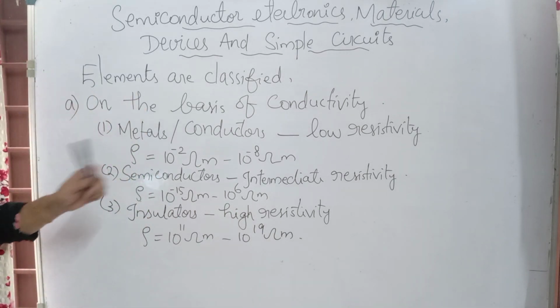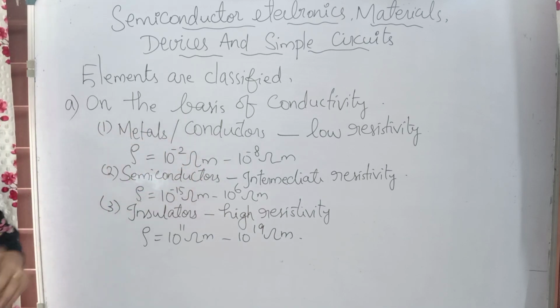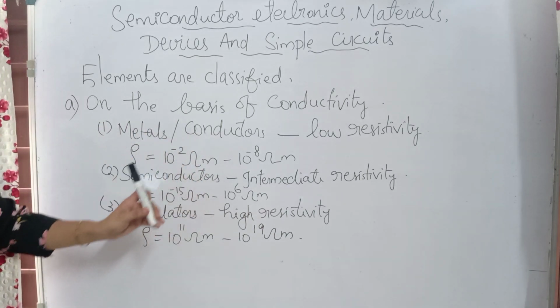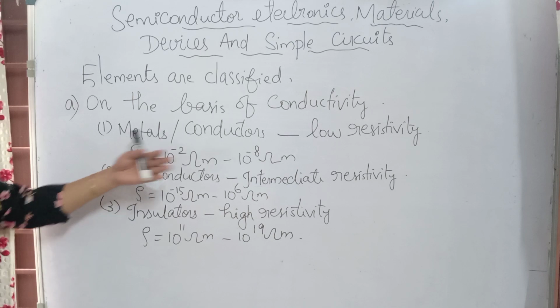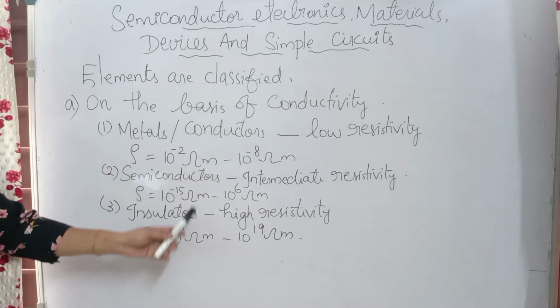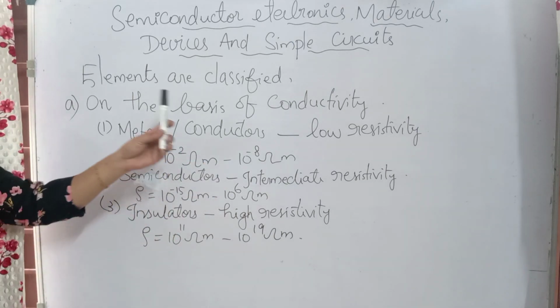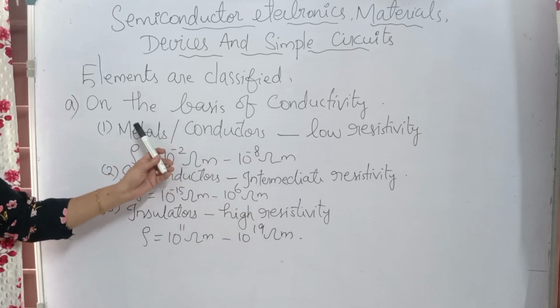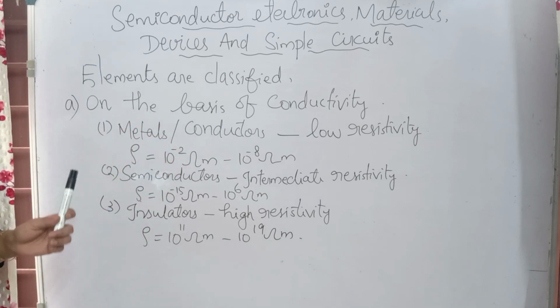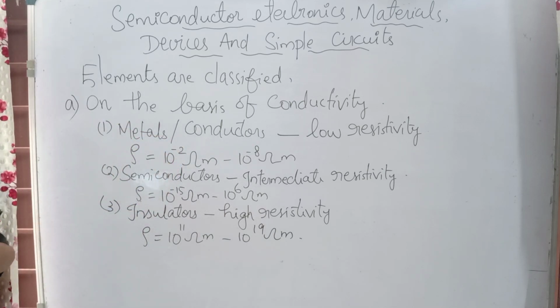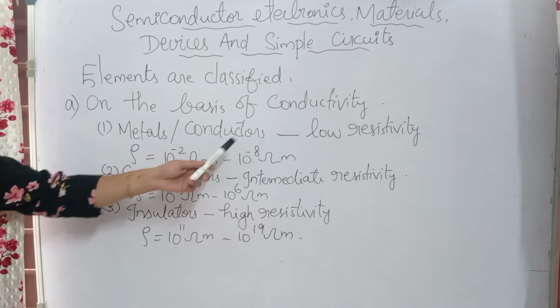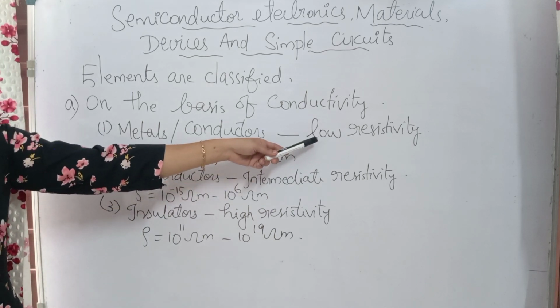Clear? Metals or conductors, and semiconductors, that means their resistivity will be intermediate. And insulators. In the case of conductors or metals, we know that the conductivity will be more. So the resistivity of the material will be very low.